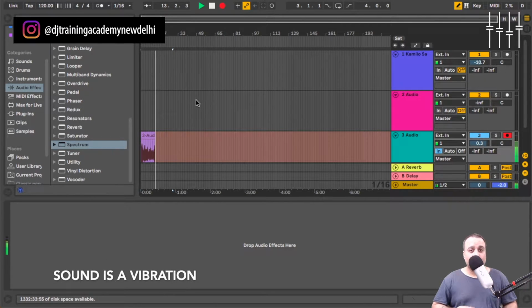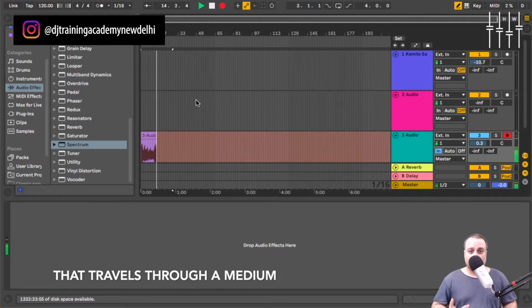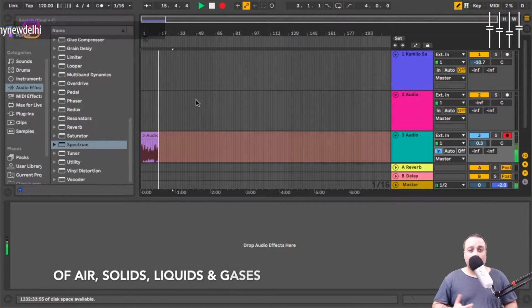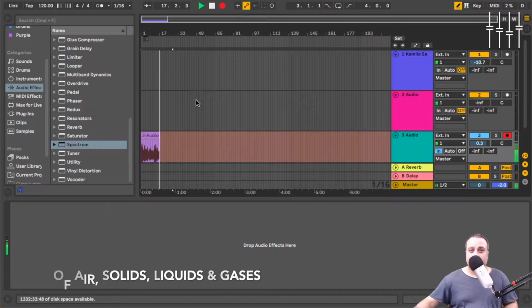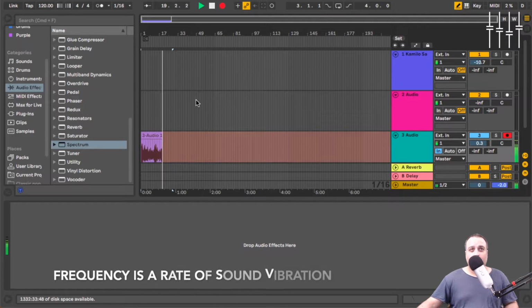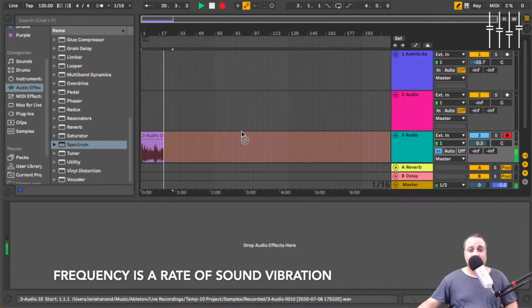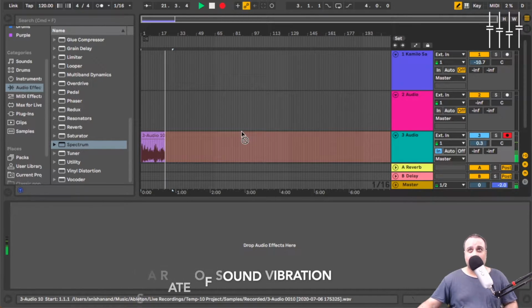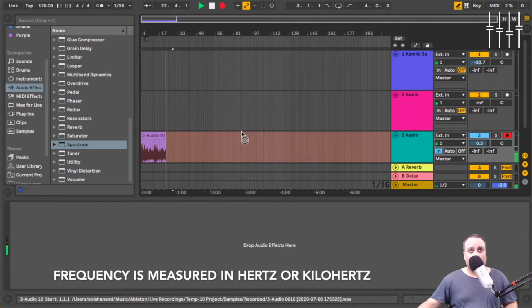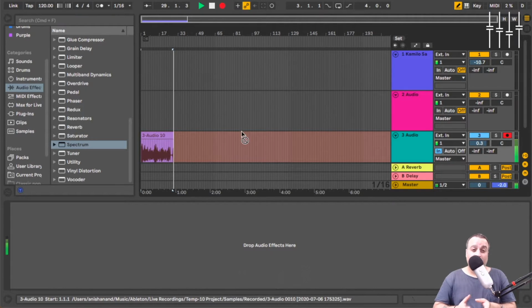Sound is a vibration that travels through mediums of solid, liquid, air, gases. And the rate at which sound vibrates is known as frequency and is measured in hertz or kilohertz. Now, to show you practically, I'll be using an Ableton effect called Spectrum Analyzer.